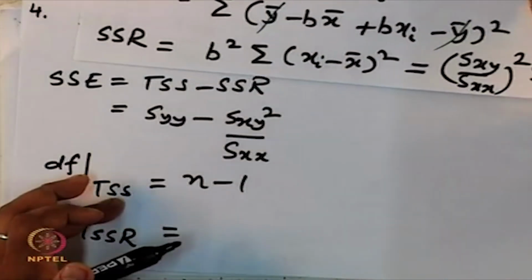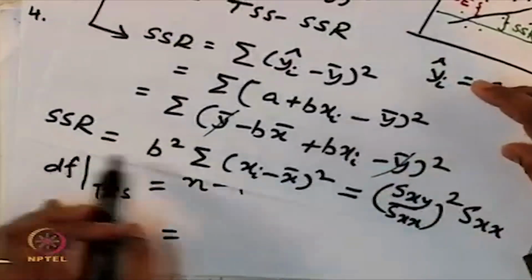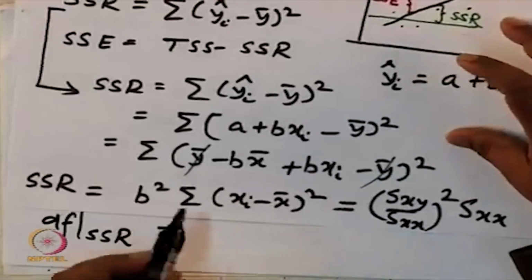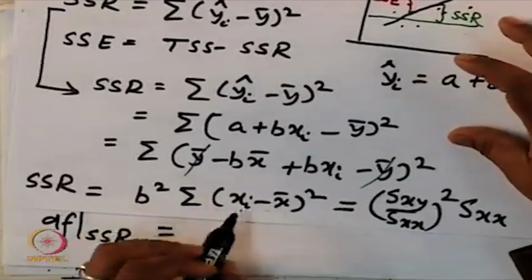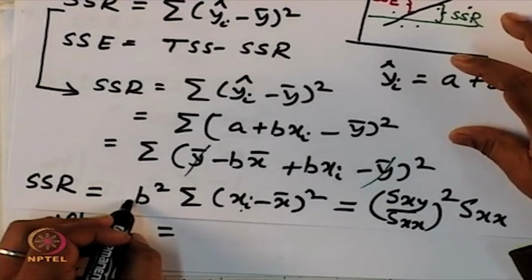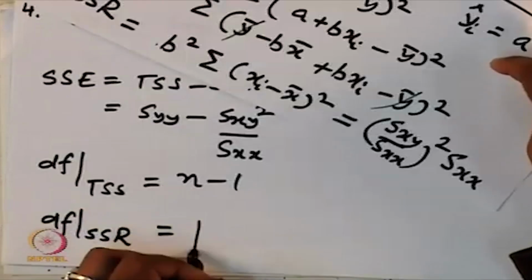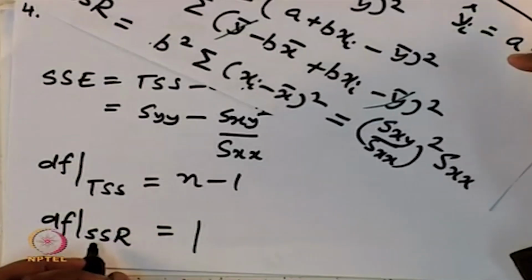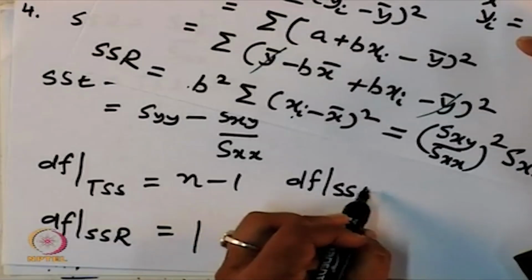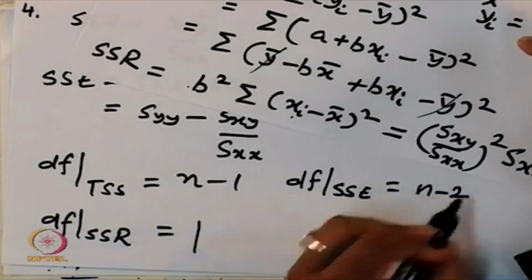So, SSR has this expression, which is b square into summation of (xi minus x bar) whole square, right. So, all these xi and x bar are specified. So, you have only one degree of freedom coming from b. Okay. So, degree of freedom of SSR is equal to 1, which means the degree of freedom of SSE has to be n minus 2.